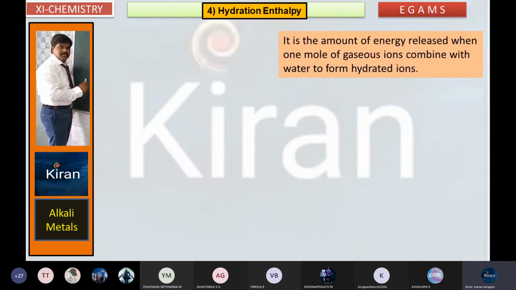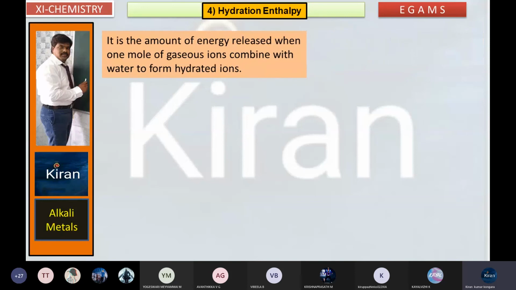So it is the amount of energy released when 1 mole of gaseous ions combine with water to form hydrated ions. See here, for example, I am taking lithium ion.